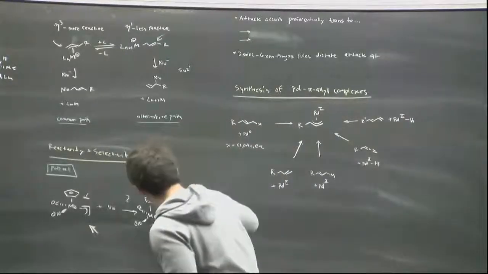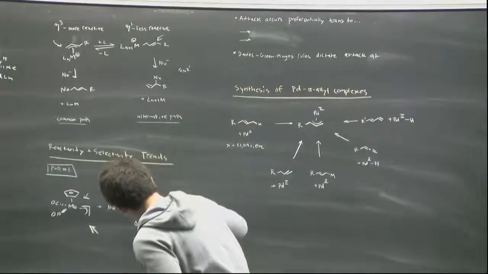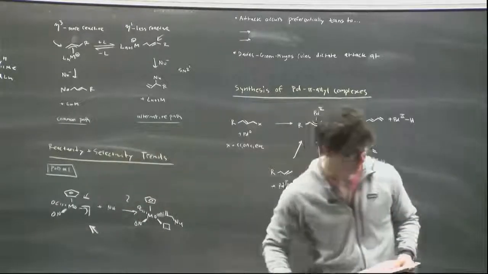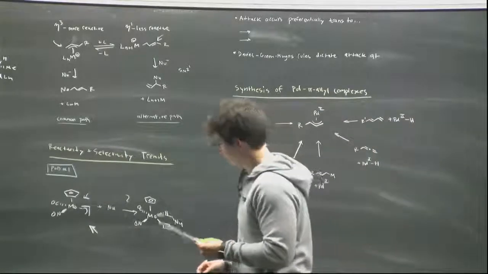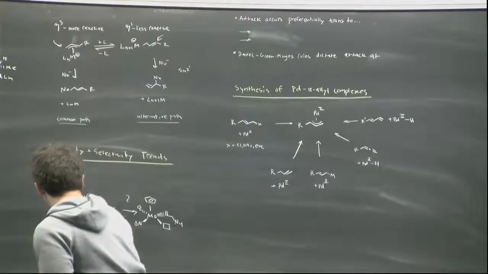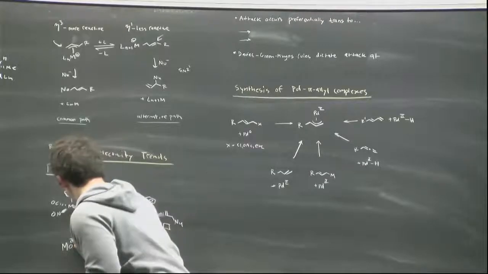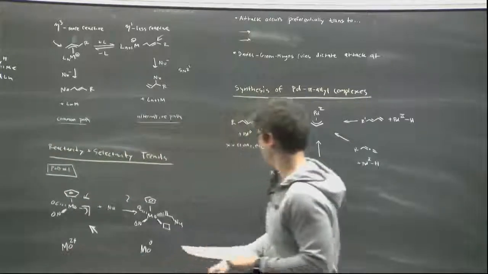I'll draw this with defined geometry just to look at it. And this is molybdenum 2+, just so we get used to these oxidation state changes.